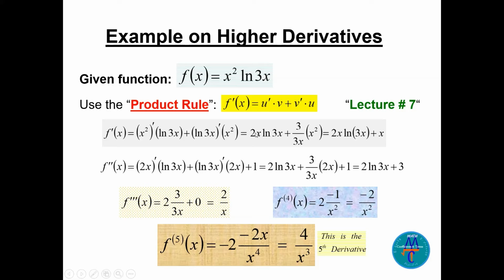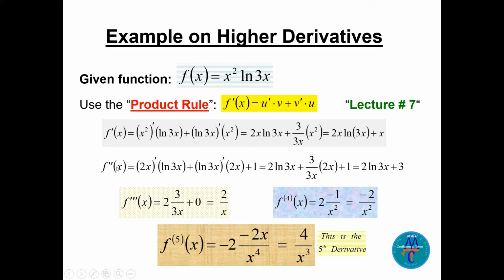Now the derivative will be 2x times ln of 3x. This one here, ln of u, will be u prime divided by u, if you remember, times x squared. So it will be 3 over 3x. Let's simplify all that. So we get 2x ln of 3x plus only the x. This is the first derivative.